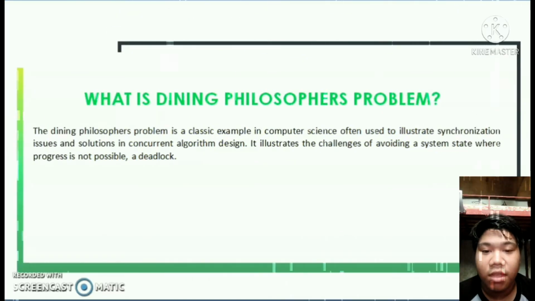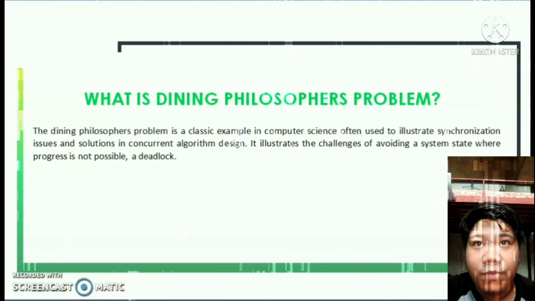First, what is the dining philosophers problem? The dining philosophers problem is a classic example in computer science, often used to illustrate synchronization issues and solutions in concurrent algorithm design. It illustrates the challenges of avoiding a system state where progress is not possible, a deadlock.